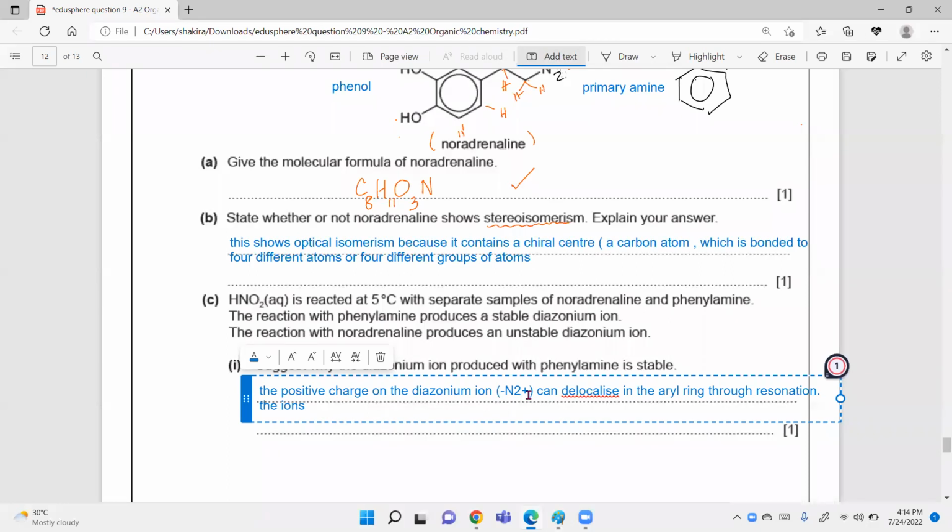The ion is more stable when the positive charge gets distributed or delocalized.